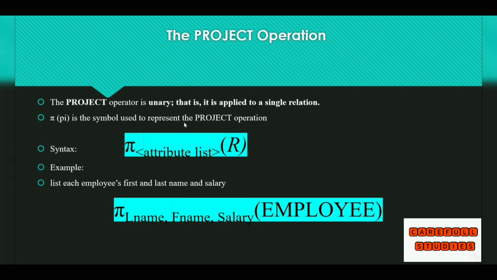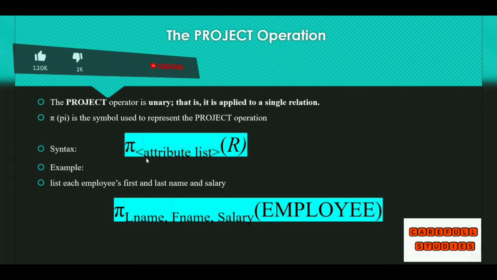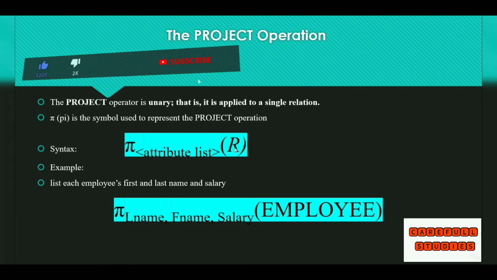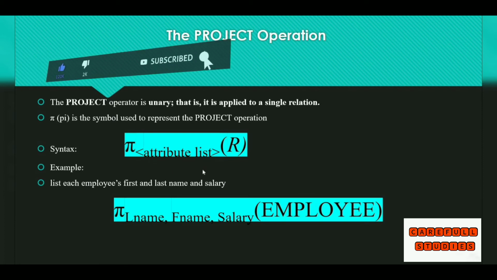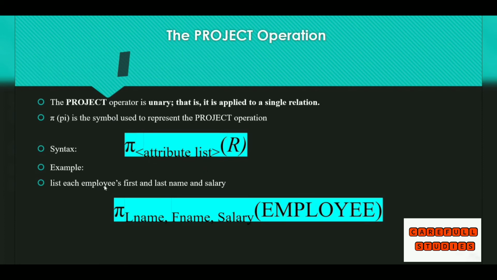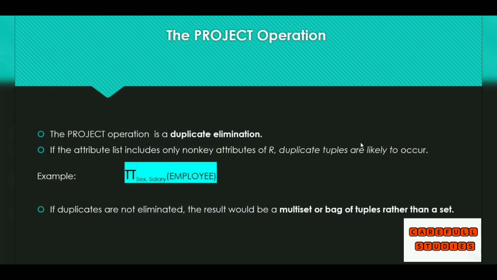The operator we use in the project operation is pi, followed by the attribute list and the relation. This is the syntax. For example, list each employee's first name, last name and salary: pi, last name, first name, salary, are the column names included in the employee table.